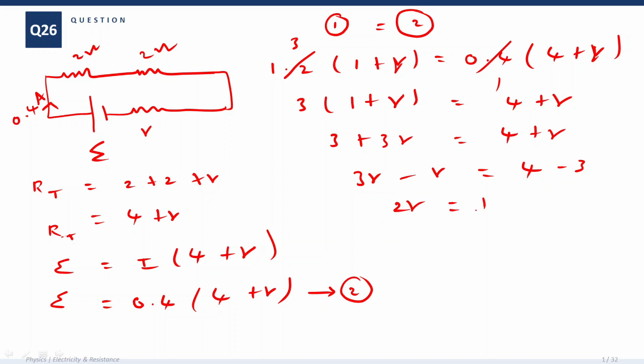So 2R equals 1, R equals 1 by 2, equals 0.5 ohms.